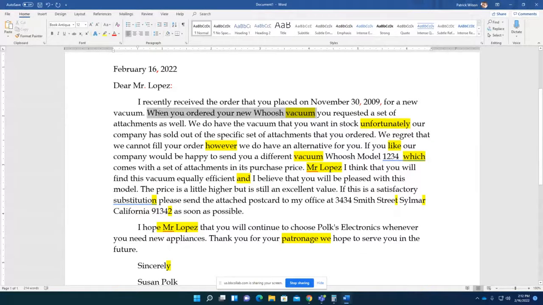So you can't put a period there. You can't use a semicolon. You can't use a colon because what really comes after this is independent, meaning it can stand on its own. But what you need to do to be able to separate the two is you need a comma. And then when you do the comma, you won't have any issues with it being a fragment.